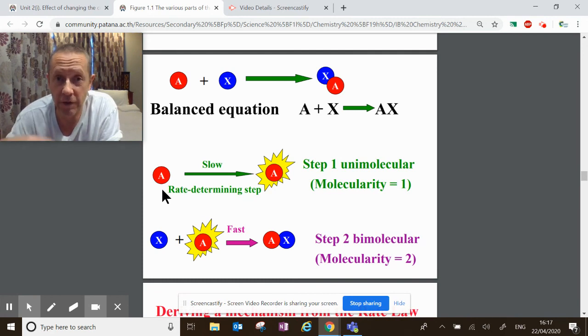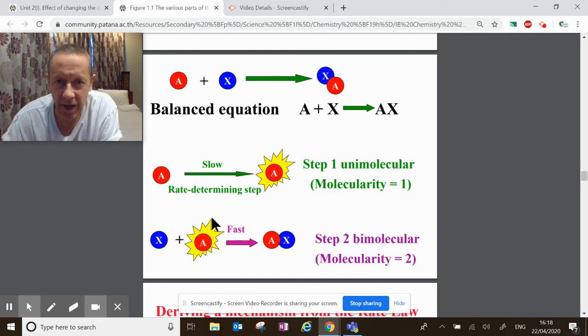So in the first step of this particular reaction, reactant A is slowly reacting to produce something else. They've just represented here as an A with a halo on it. Let's call it an intermediate substance. It's not a reactant, it's not a product. So in the first step, A slowly transforms into something else. Okay?